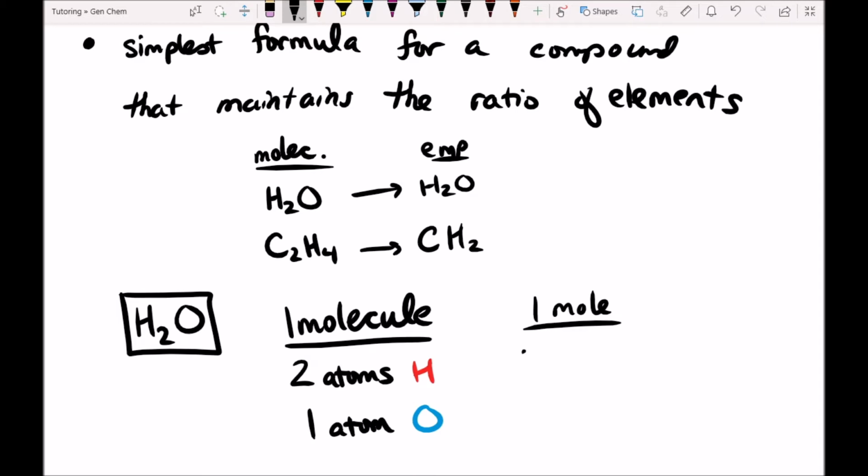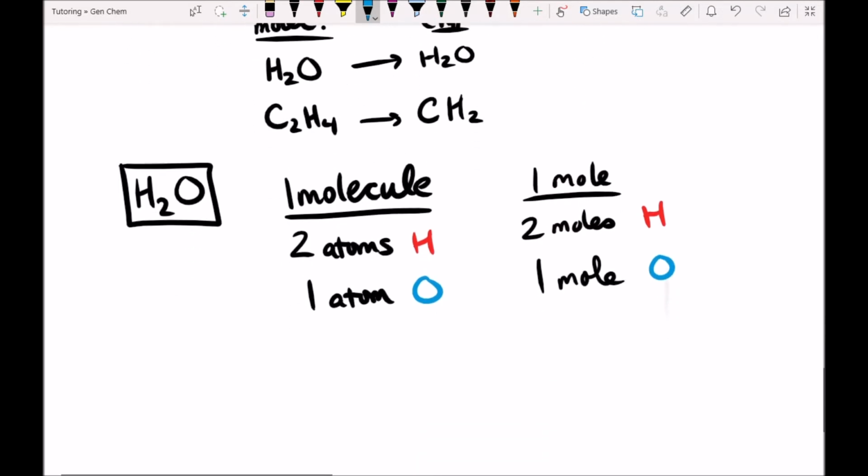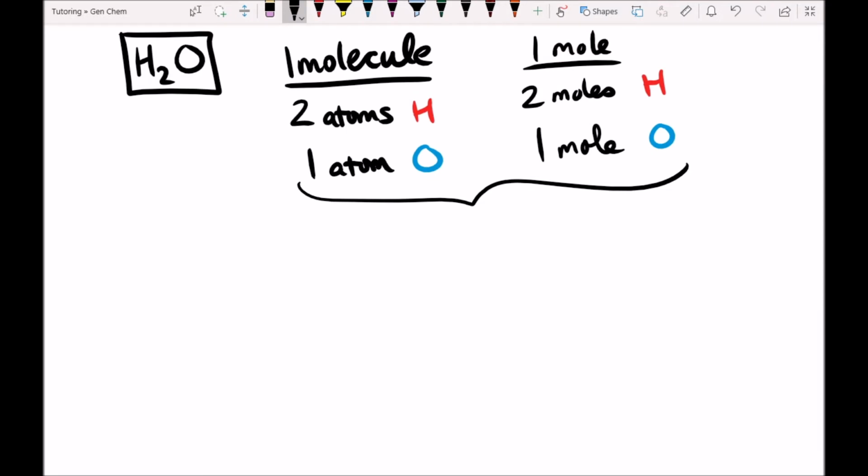That would mean we have 2 moles of hydrogen atoms and 1 mole of oxygen atoms in 1 mole of water. So notice something that's consistent whether we're looking at 1 molecule or 1 mole of water. We have a 2:1 ratio of hydrogen to oxygen. In 1 molecule, we have twice as many hydrogen atoms as oxygen atoms. In 1 mole of water, we have twice as many moles of hydrogen atoms as oxygen atoms.